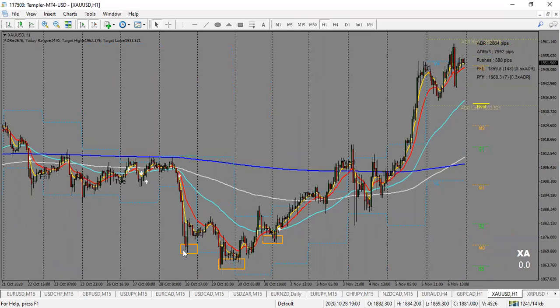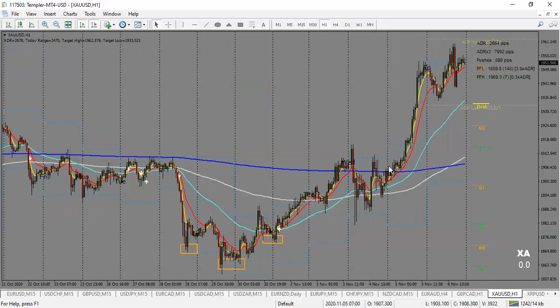We have also had a head and shoulder pattern on gold. We had a head and shoulder pattern, and we had an uptrend on gold. And since the dollar was weak after Wednesday during the U.S. presidential election, the dollar became weak.